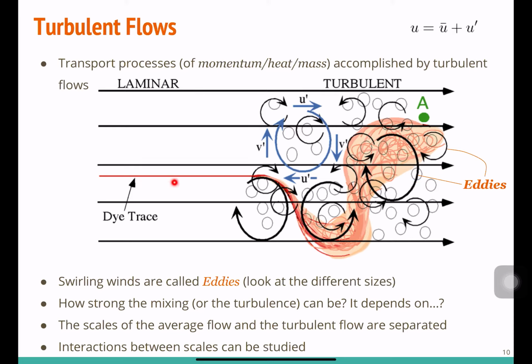So you can see that when your air molecule is going into this swirling area, it could bring the momentum, heat, or mass to different heights. Okay, so basically it's transporting different physical properties around. So these eddies are responsible for that.